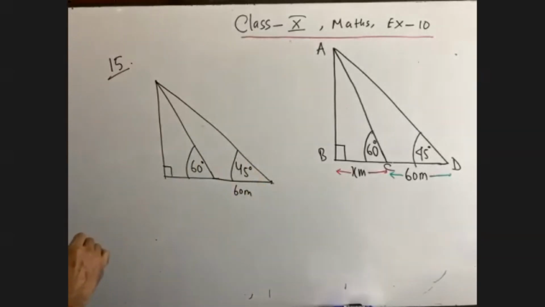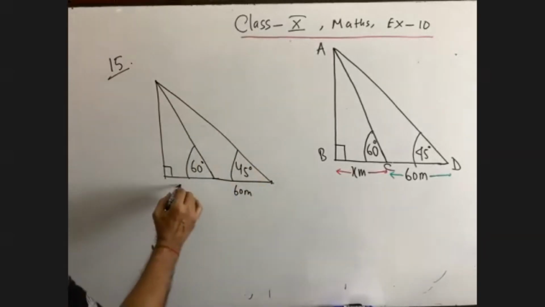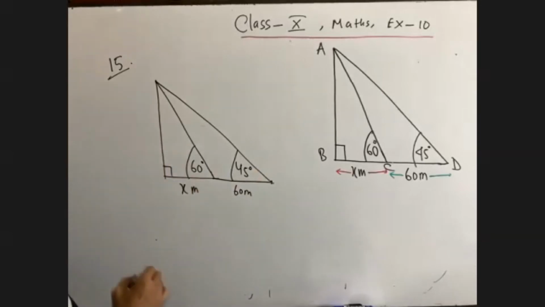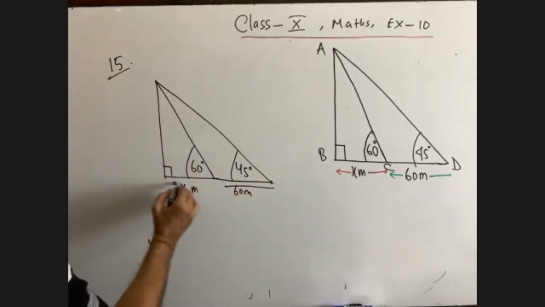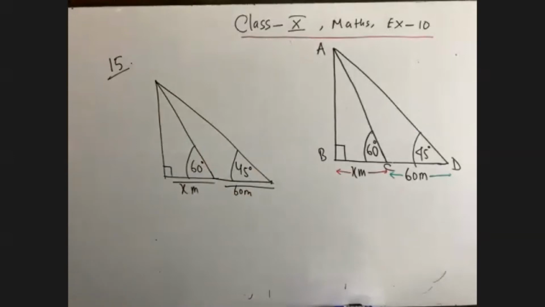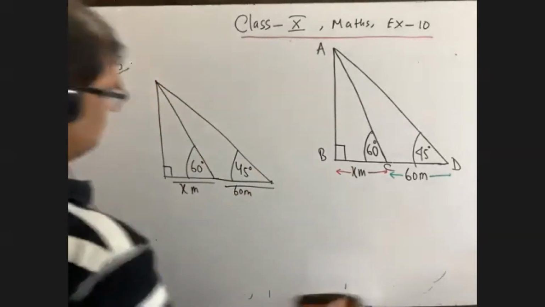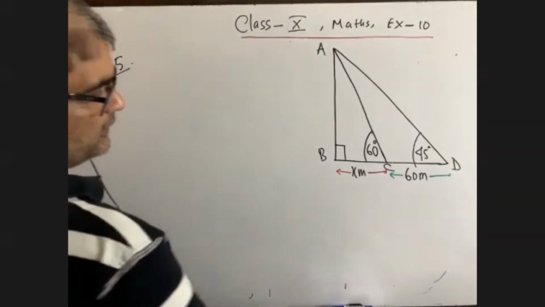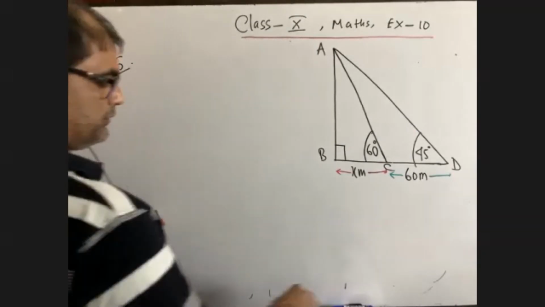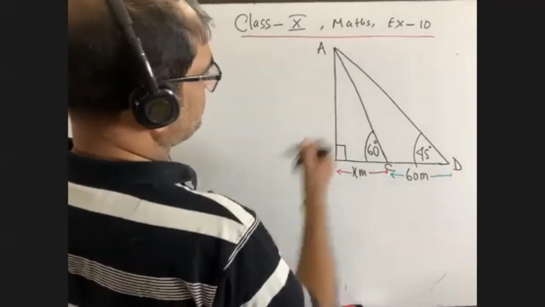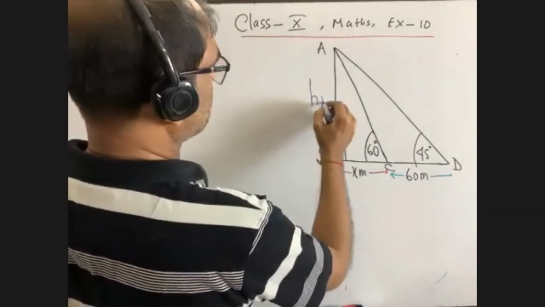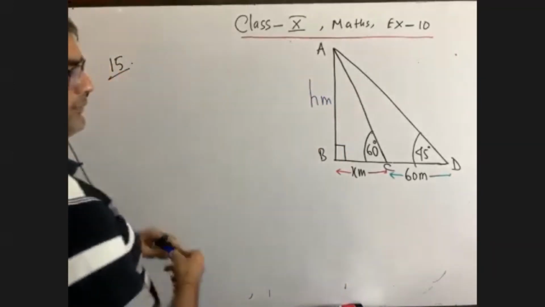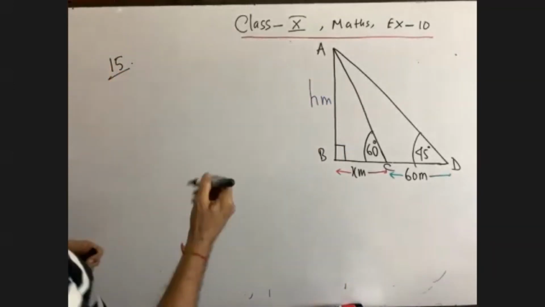Like the previous math, we have taken this is x meter, and this is given 60 meter, and this is x meter.